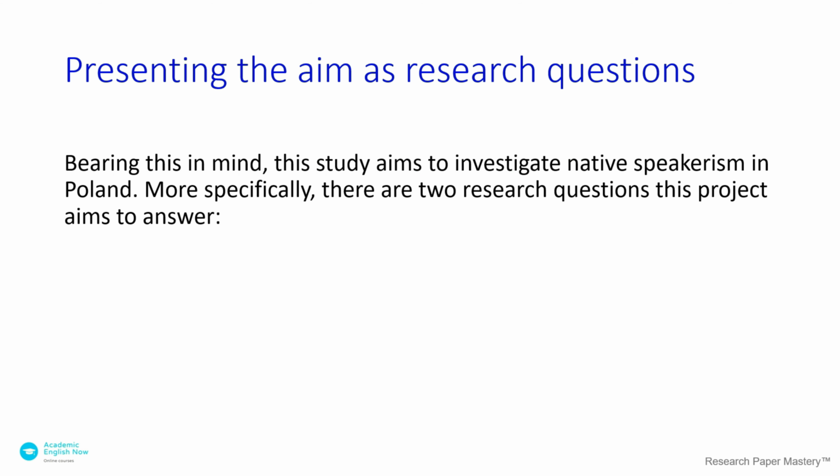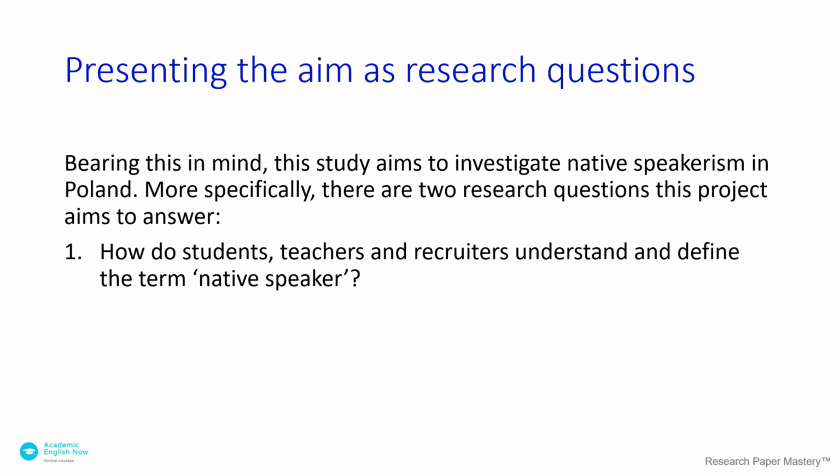Now, notice that in here, usually the first sentence is a general aim, like "this study aims to," and then more specifically, we give the research questions. And also notice at the very beginning of this sentence how we have "bearing this in mind." So this clearly links to the research gap.